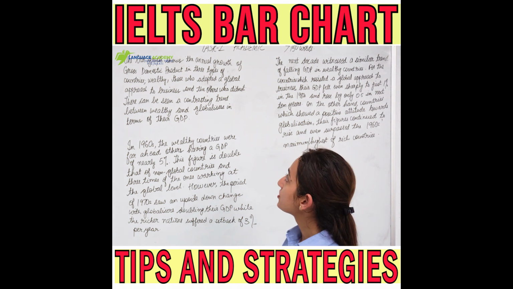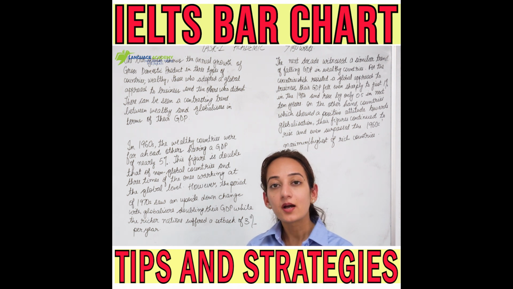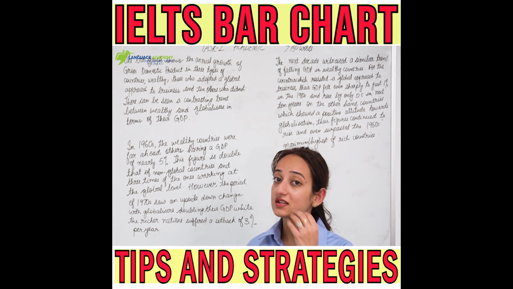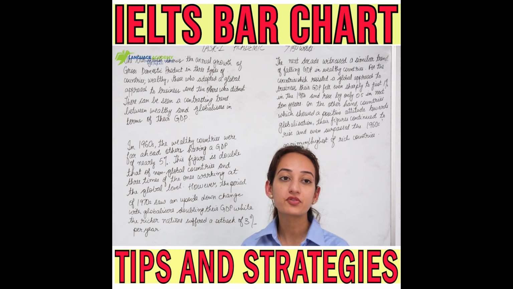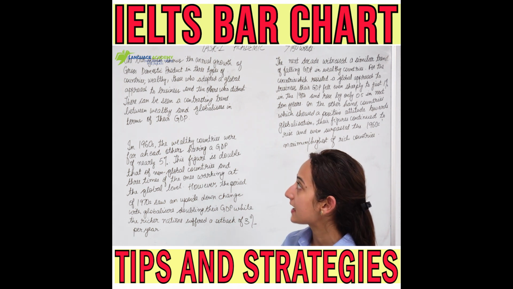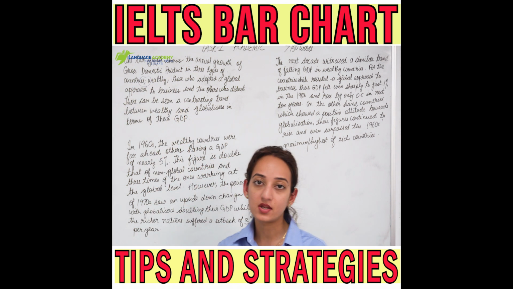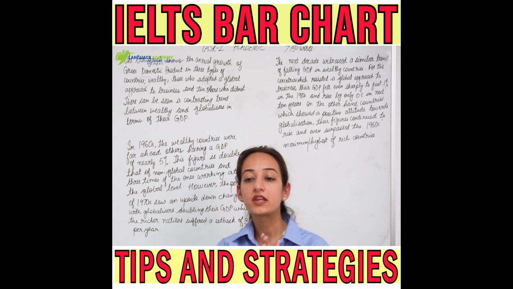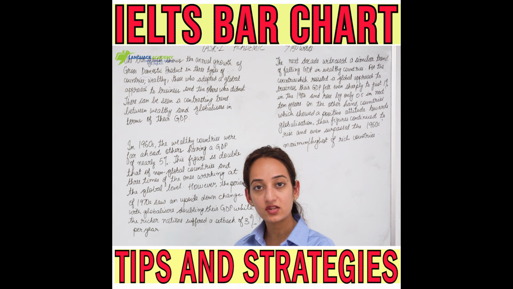What is it showing? It shows the annual growth of gross domestic product. I have just done a bit of rephrasing because there's nothing much that we can do. Annual growth of gross domestic product in 3 different types of countries. But here, yes, I have mentioned those countries by using a semicolon. A semicolon is used when you have introduced something and now you want to name or explain those things.